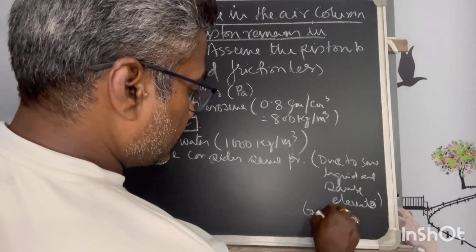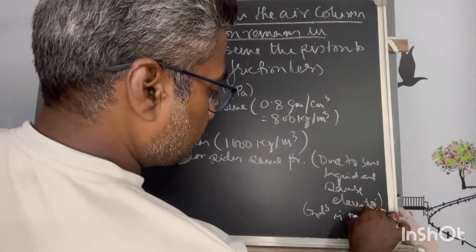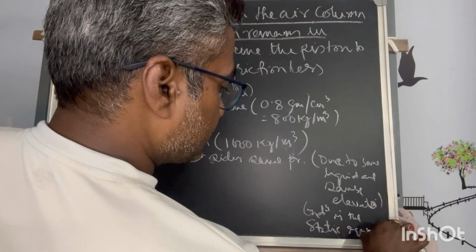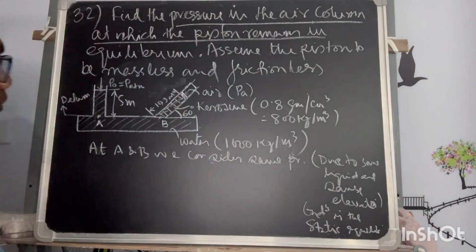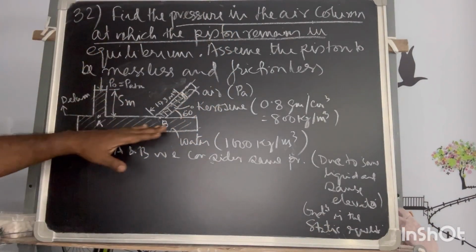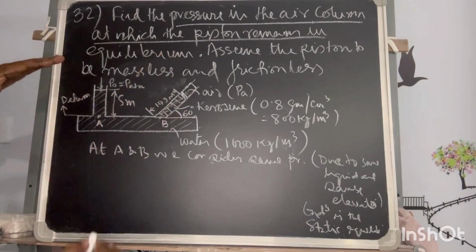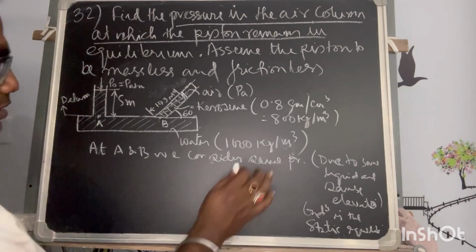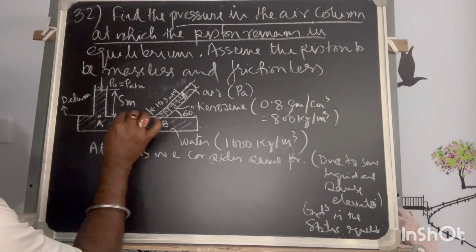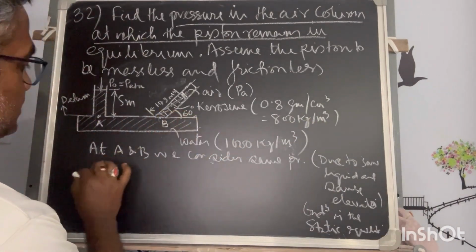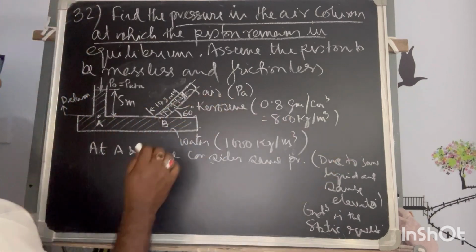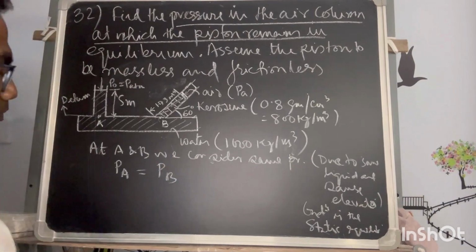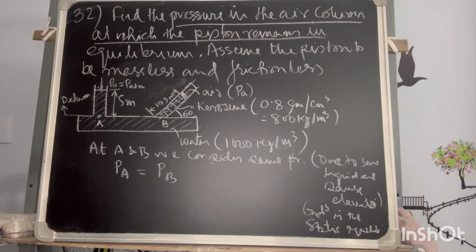As the piston is not moving, you can understand that the total arrangement of the fluid is in steady state or static condition. In static condition, we know two points at the same elevation in the same liquid are at the same pressure. So from there, the pressure at A is equal to the pressure at B. This is the first and foremost concept.